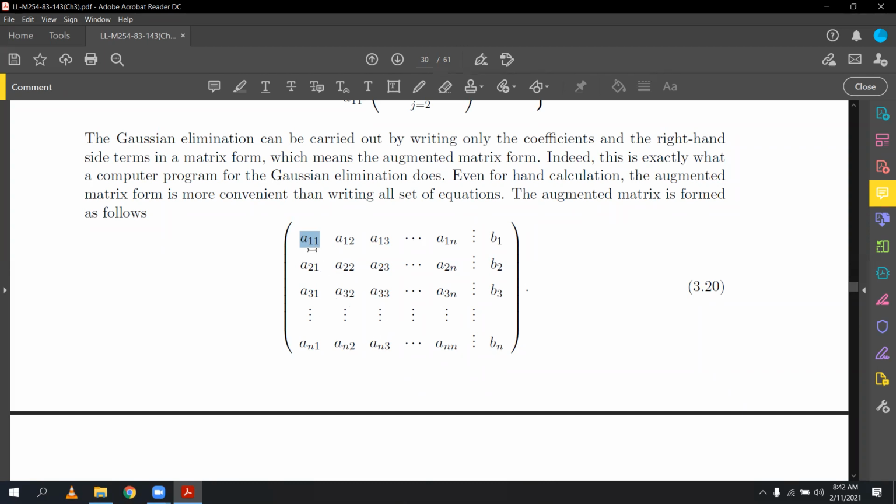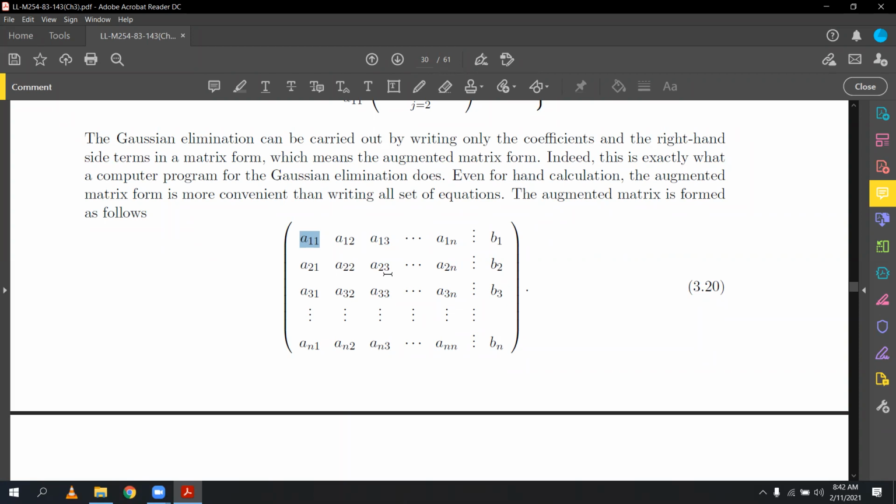But if we start from here and A11 is equal to 0, then we have to interchange that row with any row below. You remember in 107, you always interchanged the row whenever you wanted. No, here we don't interchange the row. We only interchange the row when the diagonal element is 0. If the diagonal element is not 0, then we do not interchange the row.